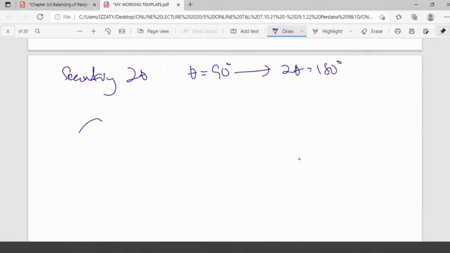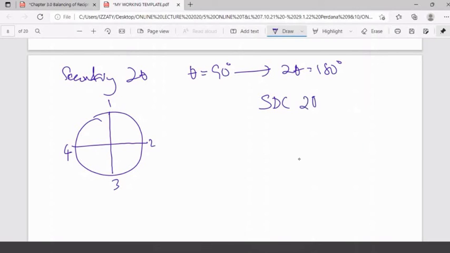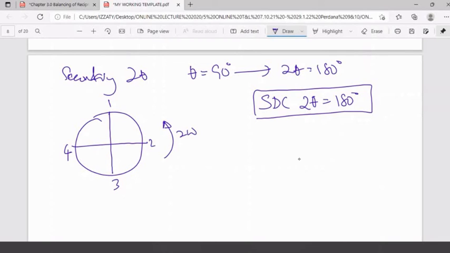Look at here. 1, 2, 3, 4. We are now constructing a secondary direct crank, theta. 2 theta is equal to 180. Now you don't have omega, you have 2 omega. Right? So now look at this.